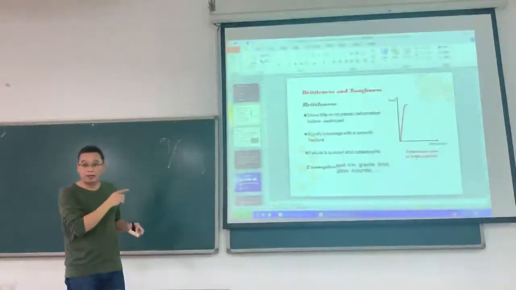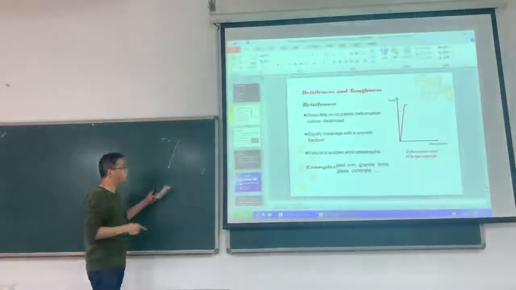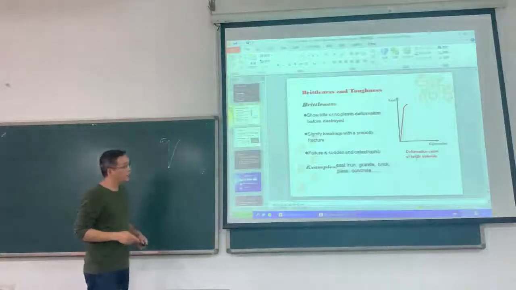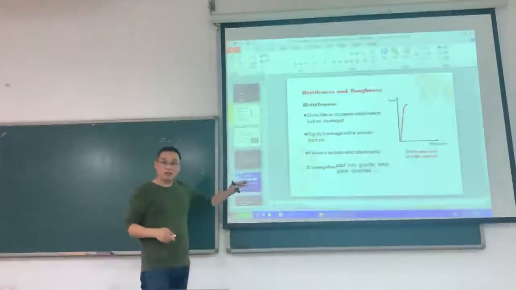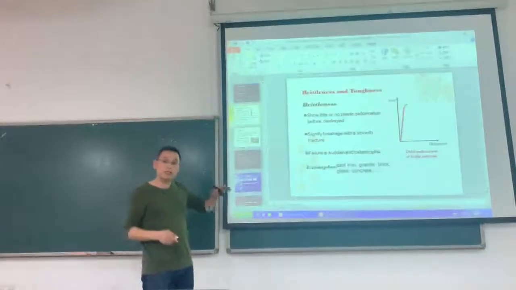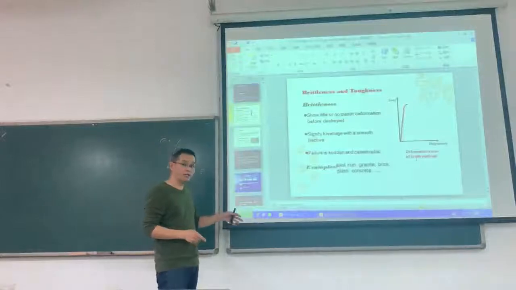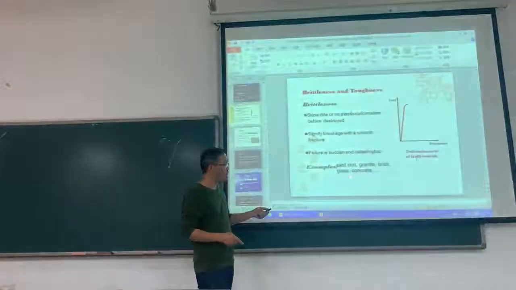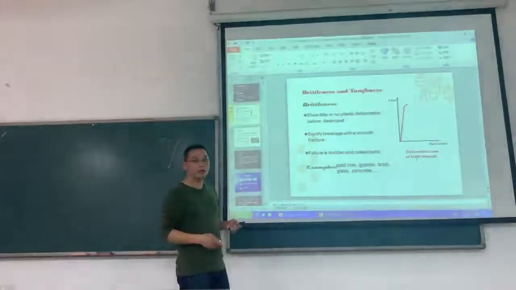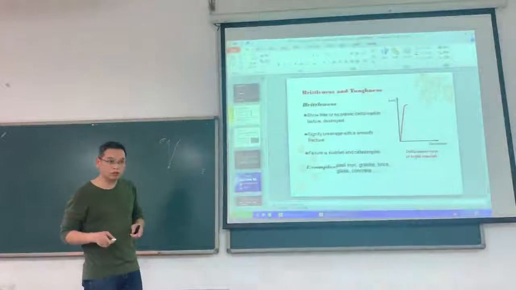It will not be broken. So this is for the brittleness. Many kinds of materials in civil engineering belong to this kind of brittleness, such as iron, rock, brick, glass, concrete.